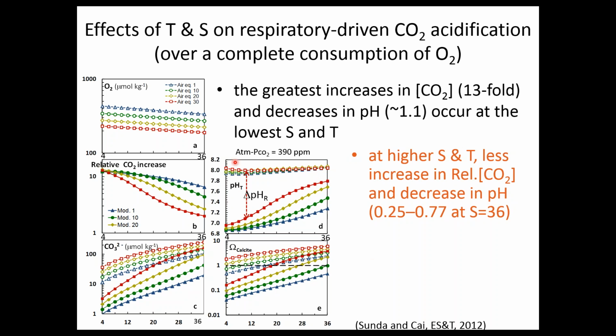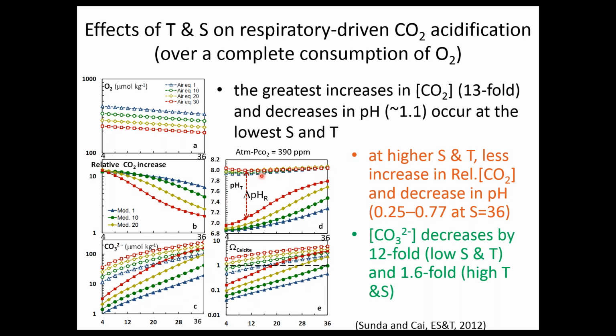So the estuarine water is very vulnerable to ocean acidification and to the interaction of respiration with ocean acidification. And for carbonate, the main reason was really a decrease of the initial carbonate concentration.